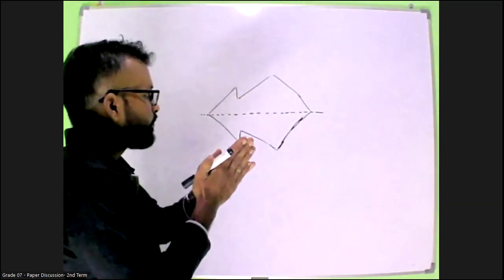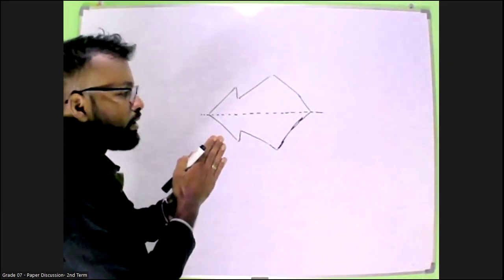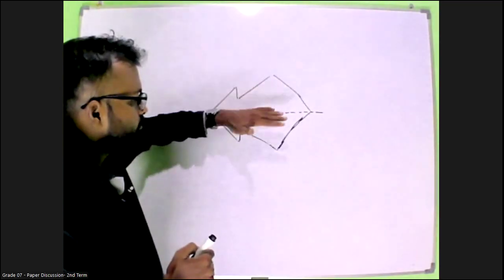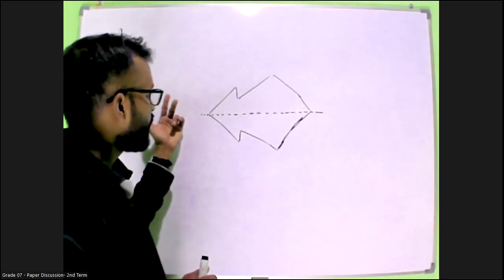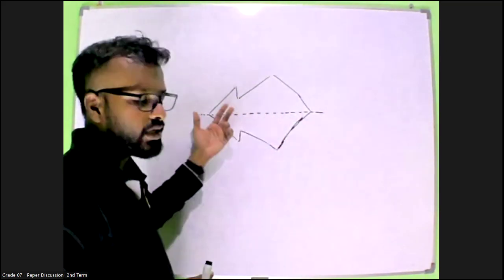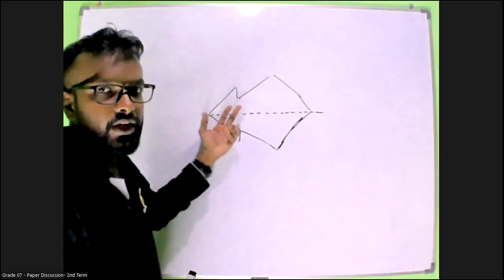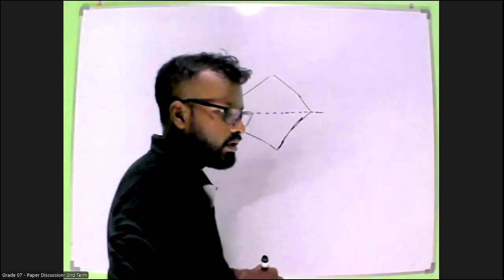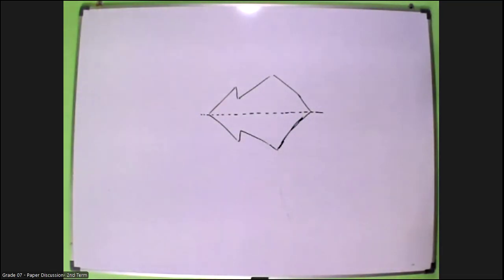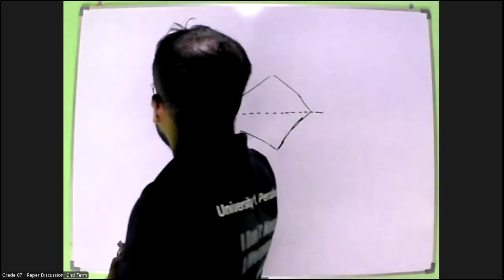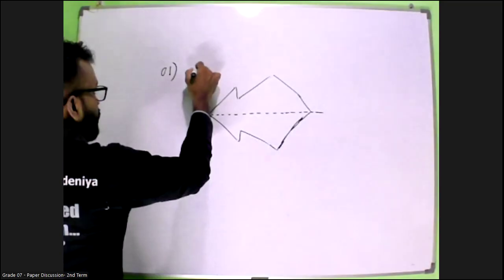It will be symmetrical when you fold this one. I think there is no other symmetrical axis you can find. So there should be one symmetrical line. So the first question, the answer should be one.